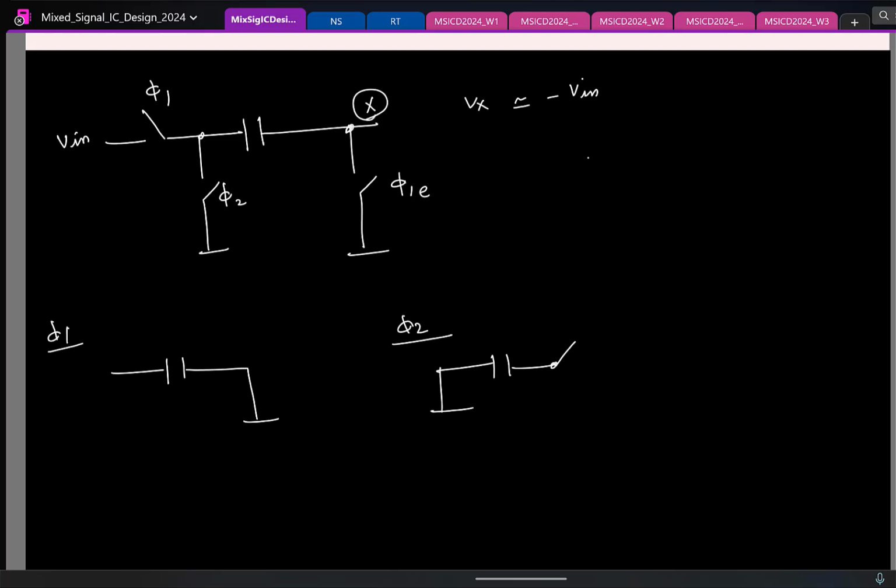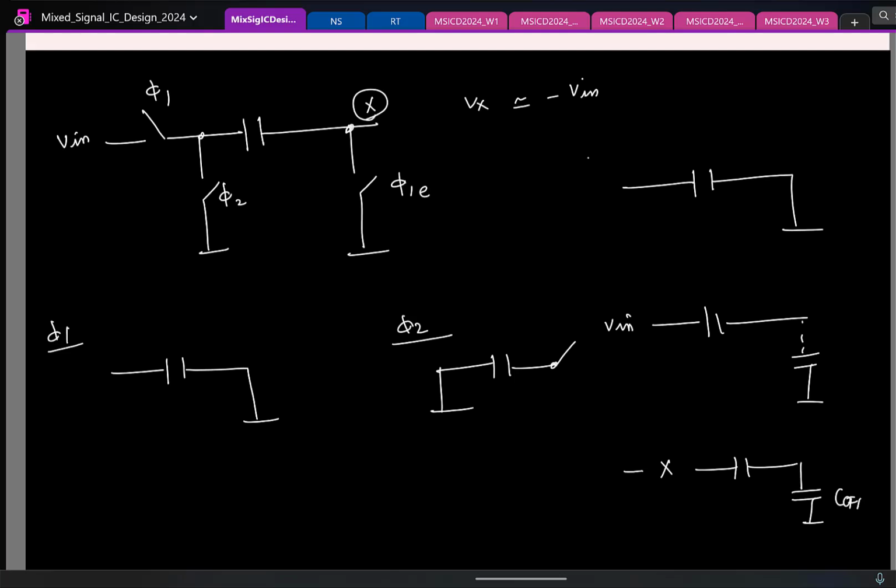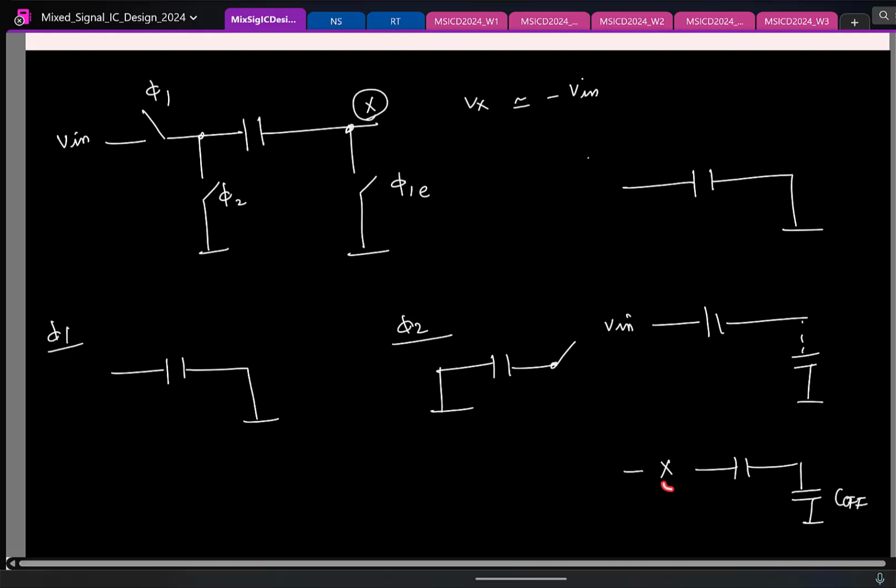Then see, the circuit operates like this. First, we have this. Second, we open this. So we'll have a small off capacitance. Then let's say this is V in, and then we open this. When you turn it off, of course, some channel charge can get injected. Yeah, but the solution for that is what we saw, right?